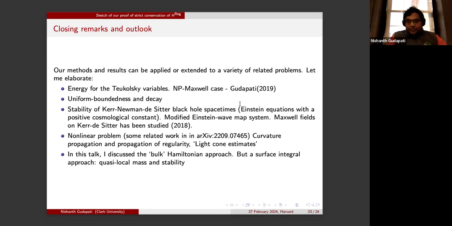I think I briefly spoke about that in one of your member seminars a long time ago, but that's an interesting extension that one can consider for this problem.